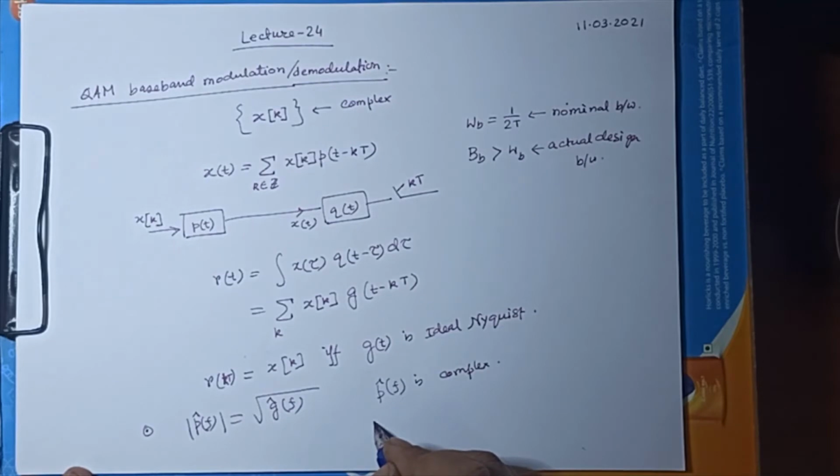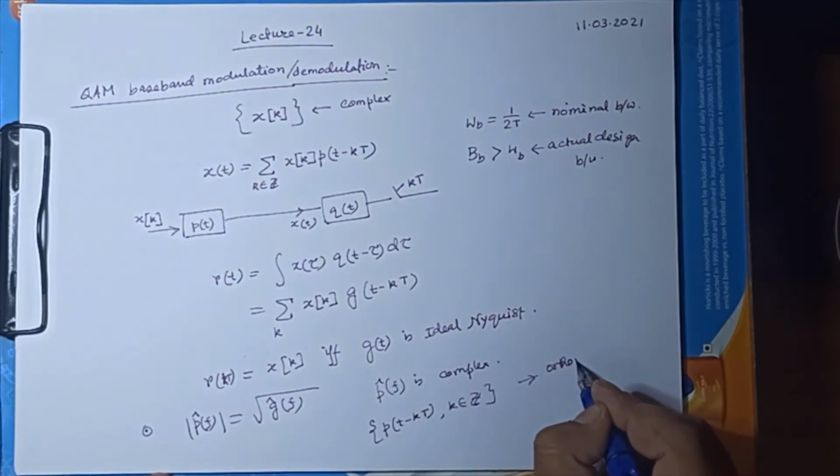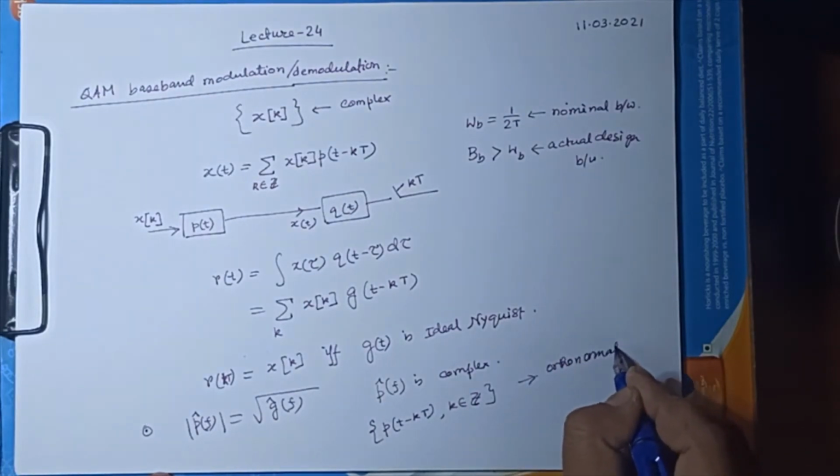Then we know that this sequence p(t minus kT) for all k generates a set of orthonormal basis functions.